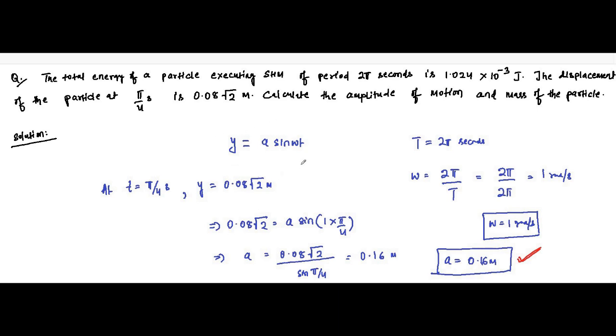Basic manipulation of this equation gives us all the results. Okay, so the important thing here is to first remember all the formulas and then how to use them to determine the various parameters.